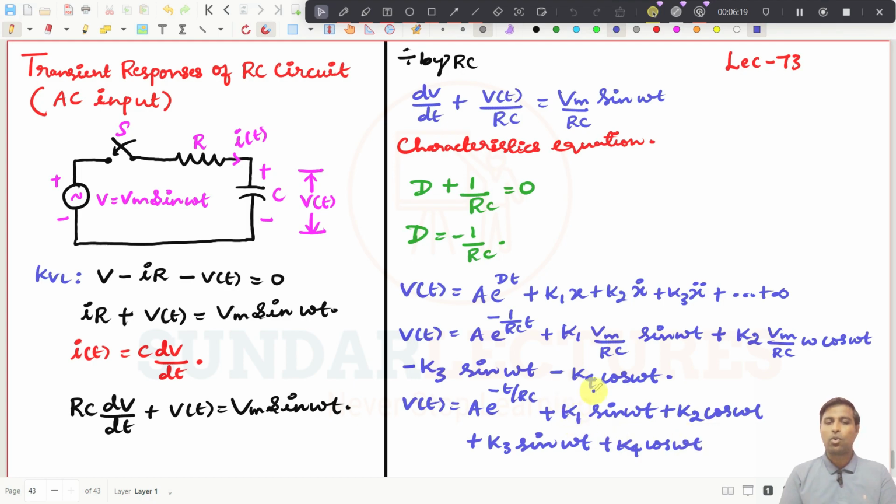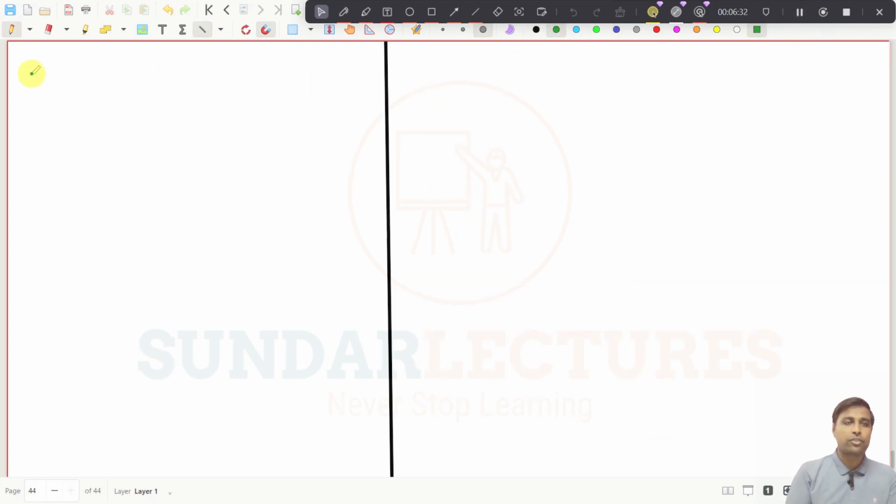See, everywhere you go, you can see the constant. If you take sin omega t and cos omega t commonly, you will have two different constants. So obviously, I will write it down here on the next page. v of t can be written as A e power minus t by RC.